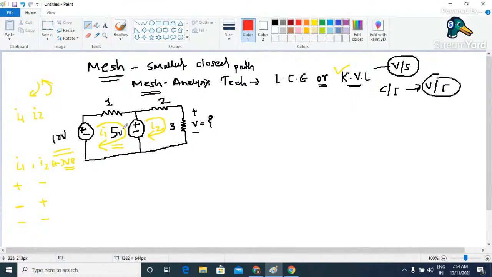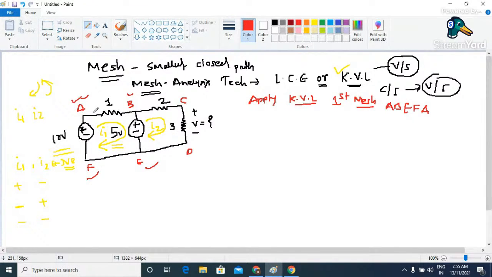While writing KVL in the first mesh, apply Kirchhoff's voltage law in the first mesh, which is say A, this is B, this point is C, this point is D, this point is E, and this point is F. So the first mesh starts with A, then B, then E, then F, and then coming back to A.